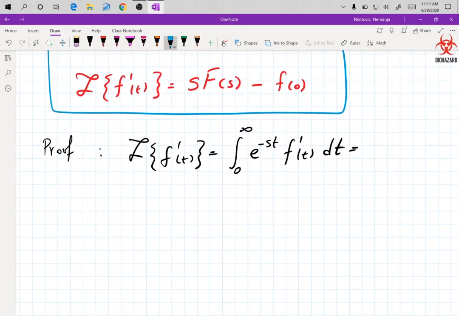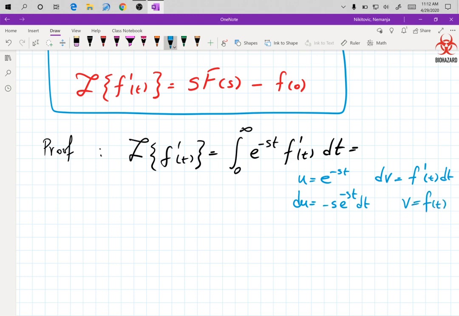We will use our good old u equals e to the negative st, dv equals f prime of t dt. When you differentiate, you get du equals negative s e to the negative st dt, and for v you just have f of t, because when you integrate f prime you get your f back.